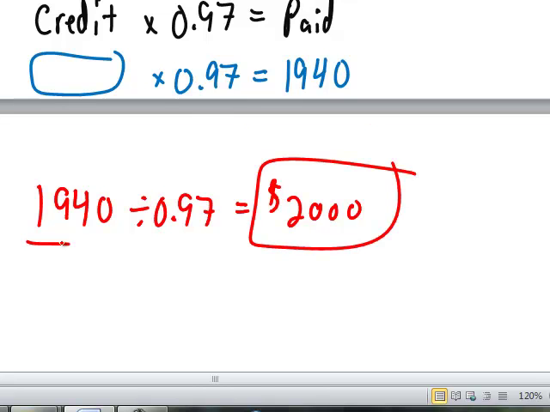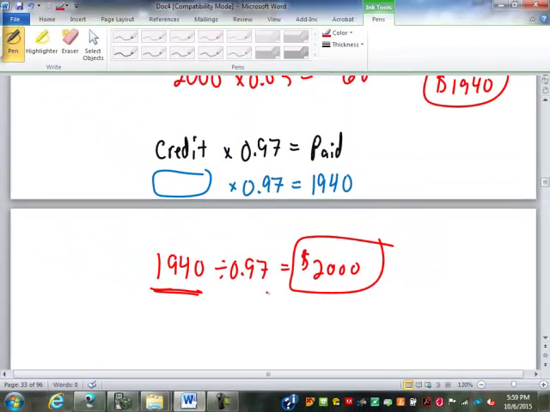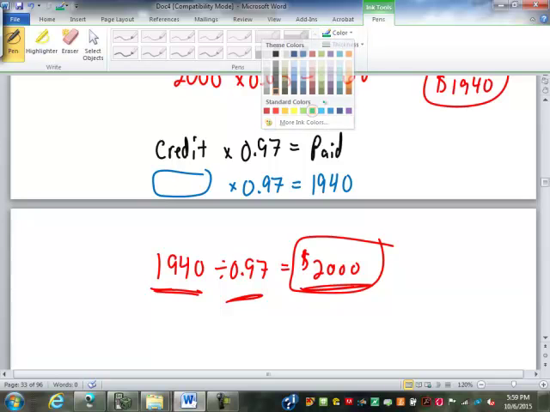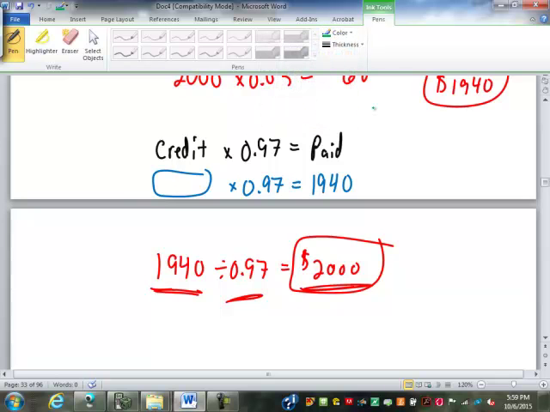So that's telling us that if we have a payment of $1,940 and a 3% discount, which gives us the 0.97, the account's going to be credited for $2,000. In that case, going in that direction, we cannot use the 3%. You have to find that 97%. So it's easiest just to always get in the habit of doing the 97. Any other questions?